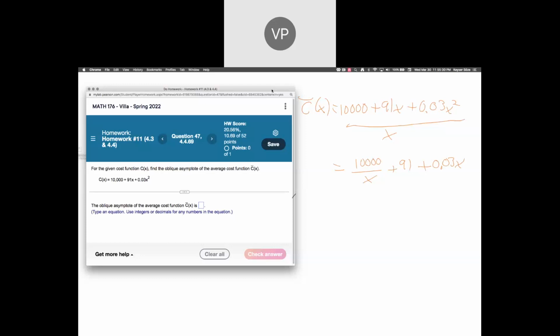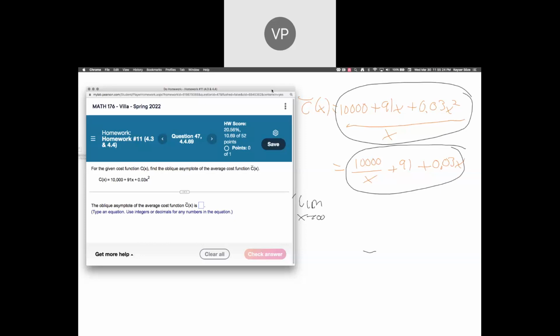Okay, and they're asking find the oblique asymptote. So the oblique asymptote is simply the original function cleaned up. They want you to do the long division of that. Well, guess what? We've already done the long division right here. And the idea of the oblique asymptote is it's the limit as x approaches infinity.